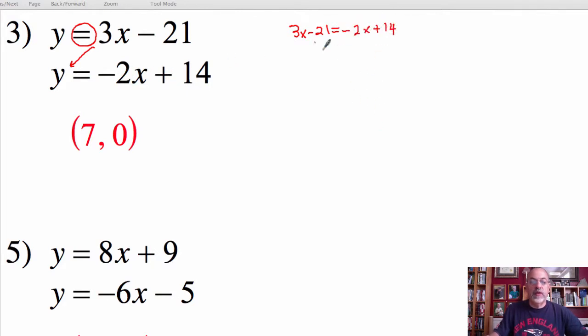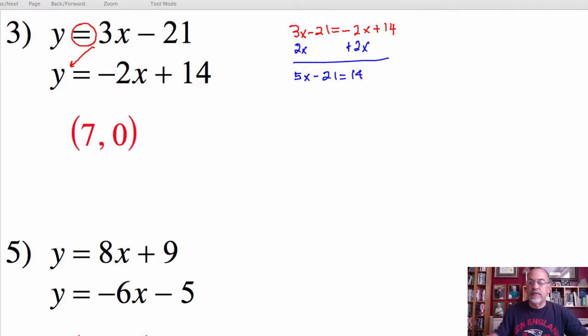Again, that gives me an equation that has just the letter x in it, so I can solve for that. So I'm going to add 2x here to both sides. So that's going to give me 5x. I still have negative 21. I have my equal sign. 2x and negative 2x is 0, plus 14 because I have another number here.